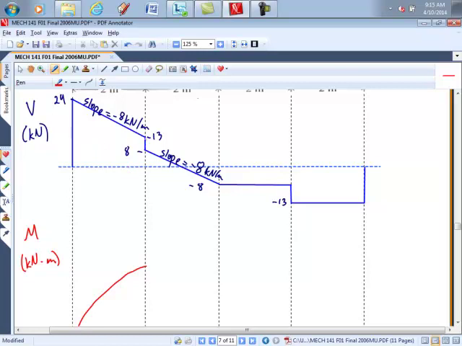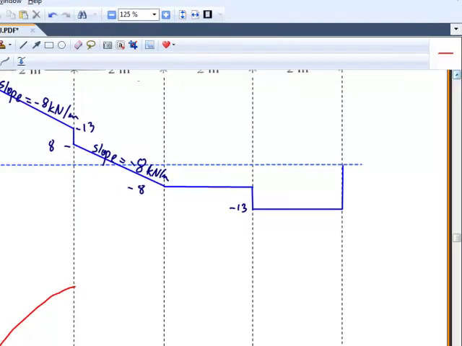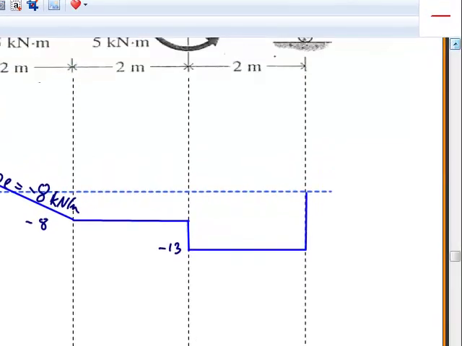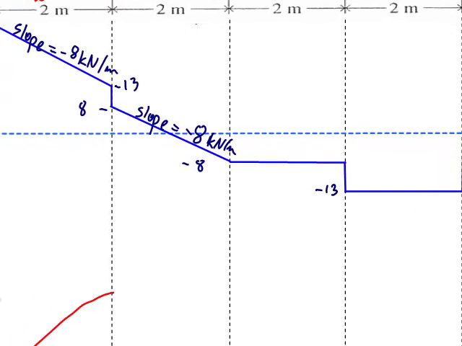Or I could turn it into a rectangle and a triangle. Give me the same result. What's the average of 13 and 29? What's 21 times 2? 42. That's the value here.